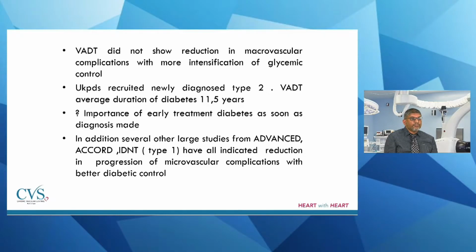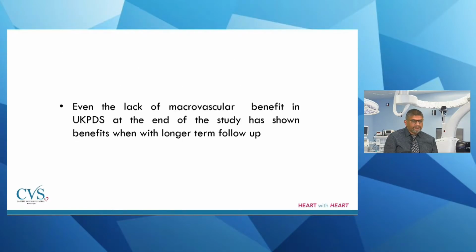So that's why it's important to be very aggressive in controlling sugar at the early stage of the illness, when they are less likely to get complications from treatment also at that stage. So in addition to UKPDS, there are several other studies, basically all showing microvascular complications generally are reduced with better diabetic control.